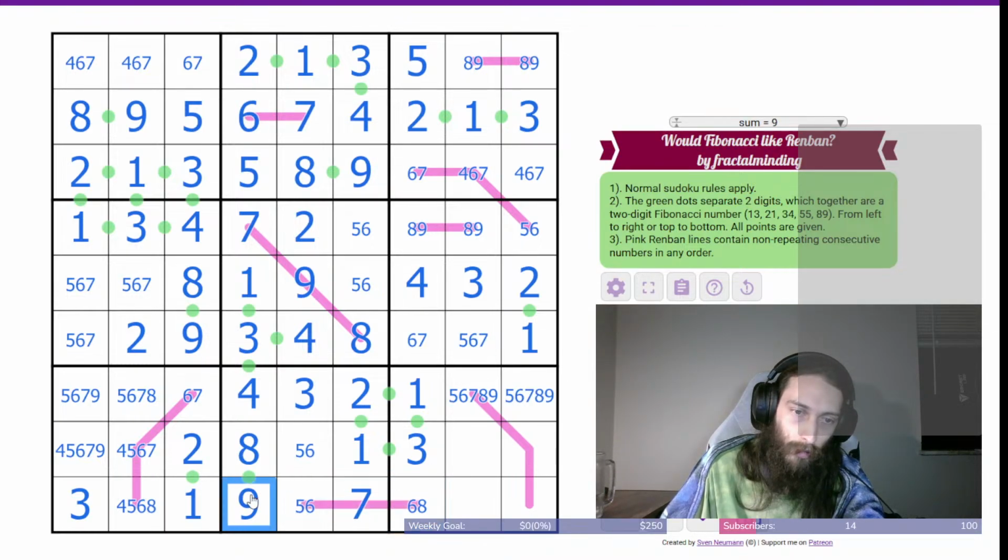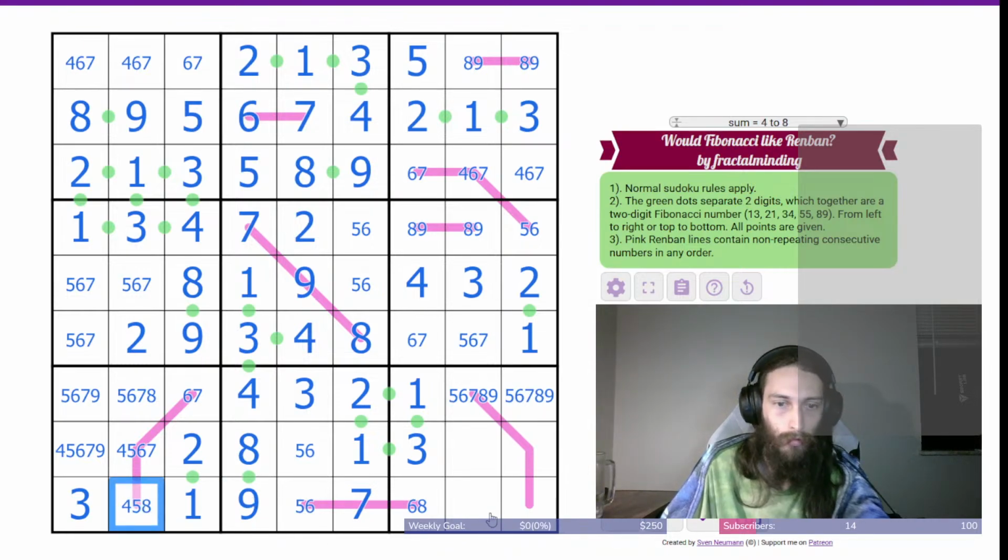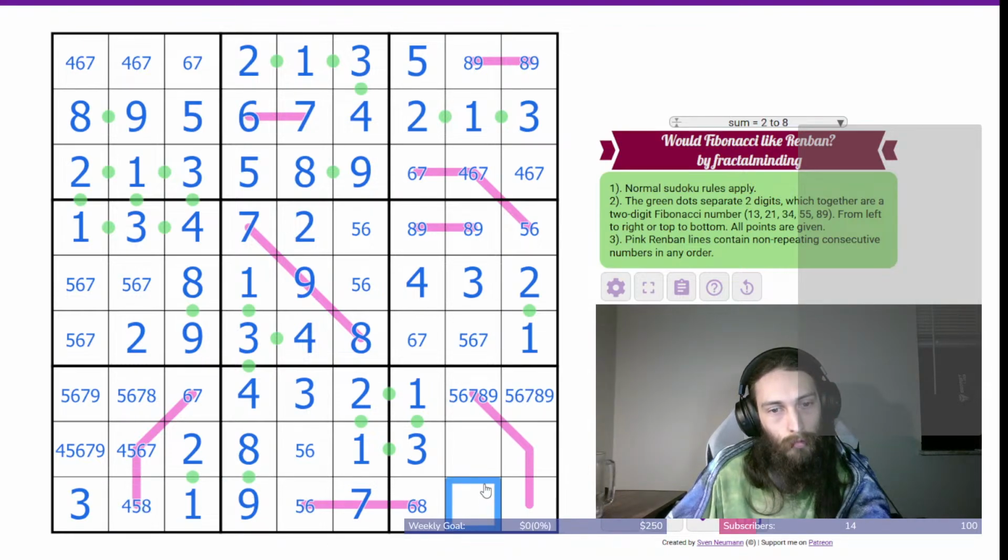Because I can't put a 9. So in box 7, over there. Since 7 has to be on the Renban, because that corner is either 6 or 7. If it's a 6, then 7's on it. If it's a 7, then it's a 7. So 7 can't be in the rest of the box.